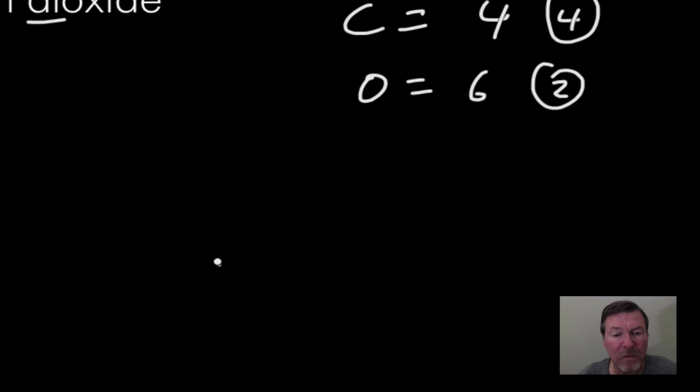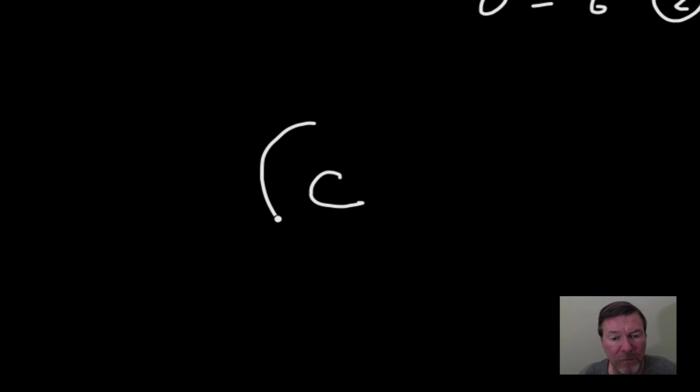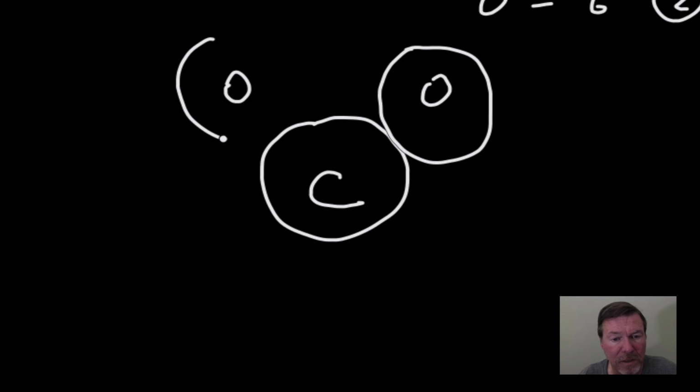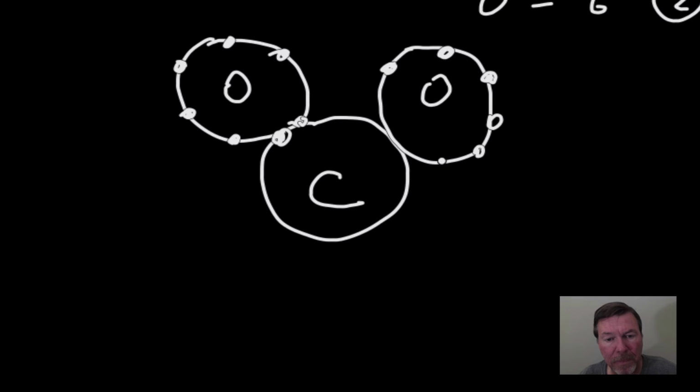So when we put them together, we get carbon, which has 4 in the outermost ring, and we pair it up with 2 oxygens, this oxygen and this oxygen. This one has 6, it's missing 2, and it gets these 2 here. And this oxygen has 6, and it has 2 that it's sharing there. And then there's another 4 on the carbon.